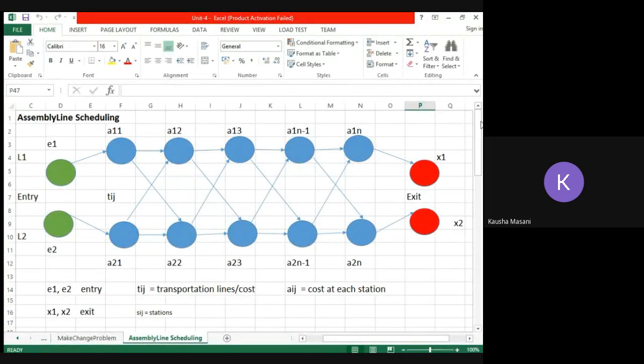Online students, do you remember all these notations? Yes or no? Online students.